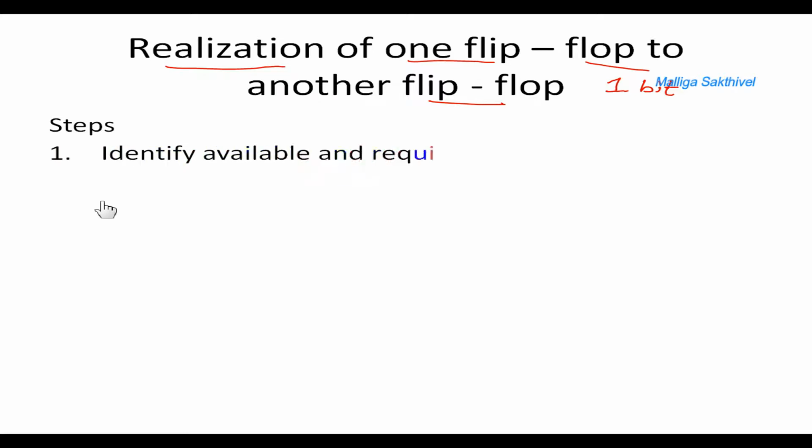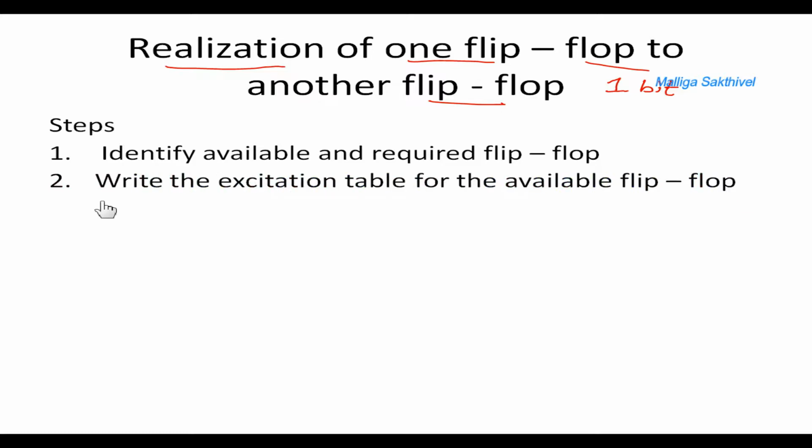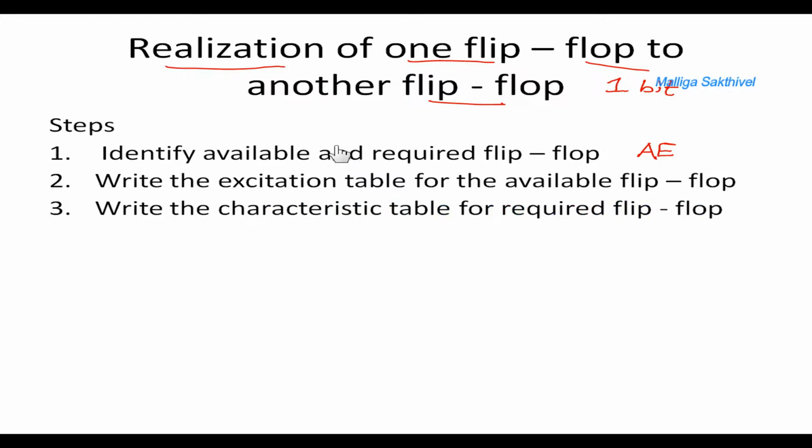The first step is to identify the available and required flip-flop. The second step is to write down the excitation table for the available flip-flop. The third one is to write the characteristics table for the required flip-flop.